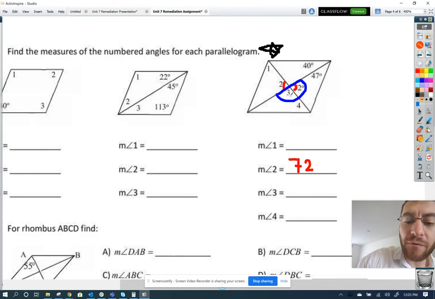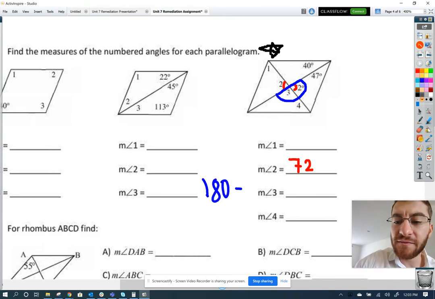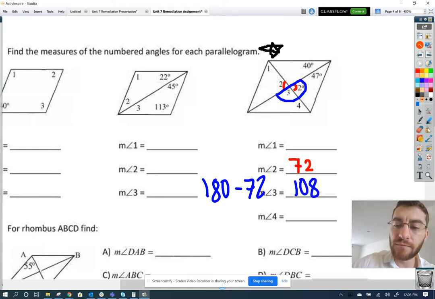So angle 3 is going to be 180 minus angle 2, which is 72. And so 180 minus 72 is going to get us 108. All right, very nice. So we have 108 not only right here for angle 3, but we also have 108 on the other side of this vertical angle.